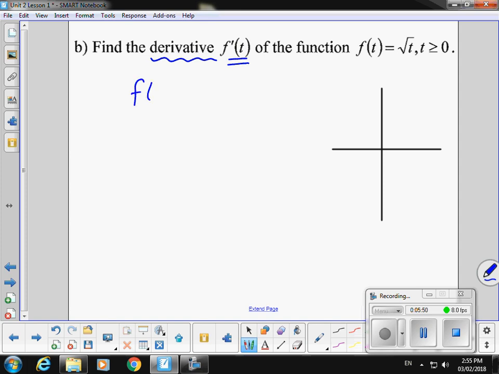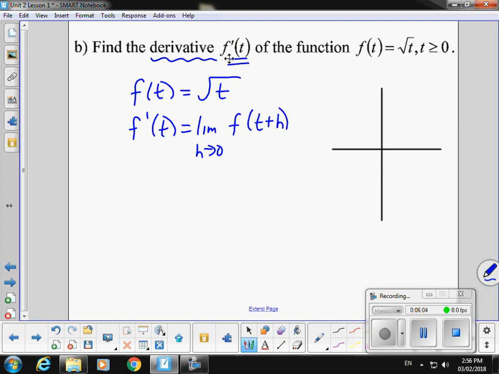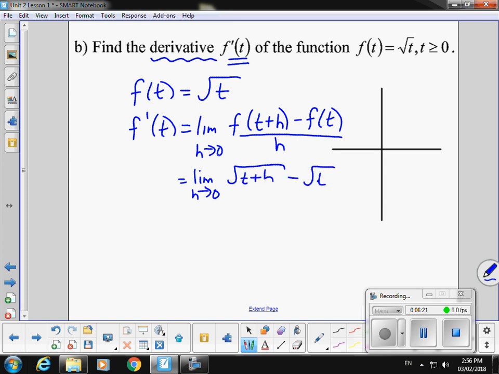So if my function is root of t, then my derivative in the general case will be the limit as h approaches 0 for that function, and I'm going to use the specific square root function. All right, square root of t plus h, subtract square root of t, all over h.